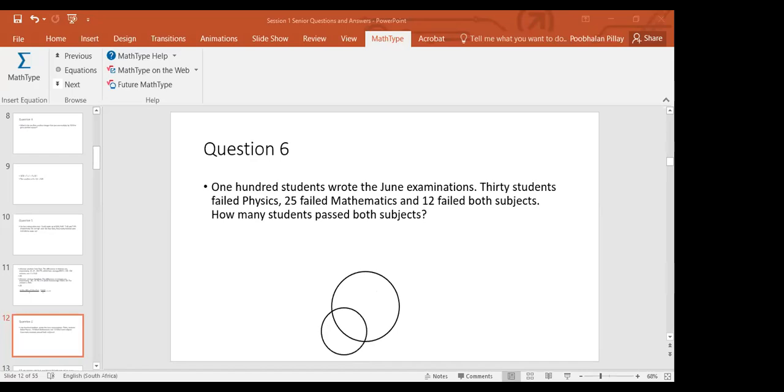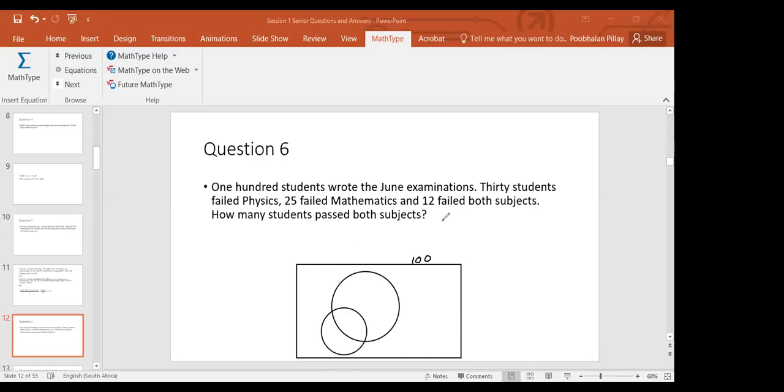So we can put these students sitting inside another bigger box. And this bigger box is the population of the school. So there are 100 students altogether in the school. So this box here, 100 wrote the June exams.